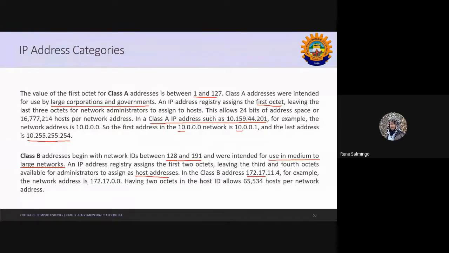So the network address for this example is 172.17.0.0. Having the two octets in the host ID allows 65,534 hosts per network address. That would give you a lot of hosts per network. That's for Class B.